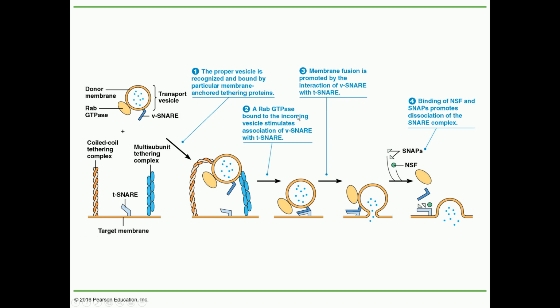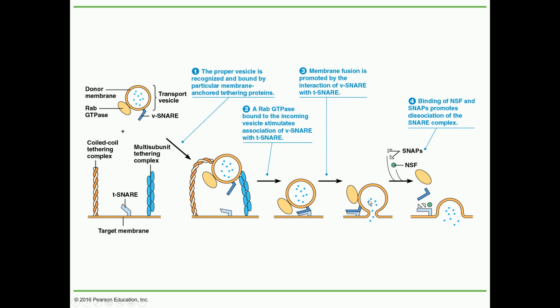A RAB-GTPase bound to the incoming vesicle stimulates the association of V snare and the T snare. You can see how the V snare and the T snare have associated here. And then once they have associated, the vesicle can deliver its material.